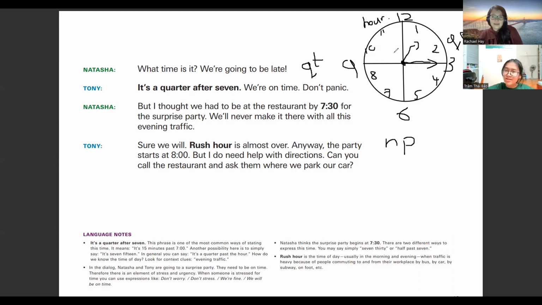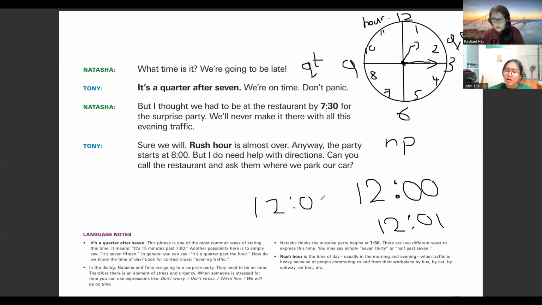Okay. Oh, with a dot. Why do we have to make a dot? Okay, no, what we say is if it's 12 o'clock on the dot, it means it is literally 12 o'clock like that. Are we not saying 12:01 and calling it 12 or 12:02 and calling it 12? No, it is 12:00 exactly.